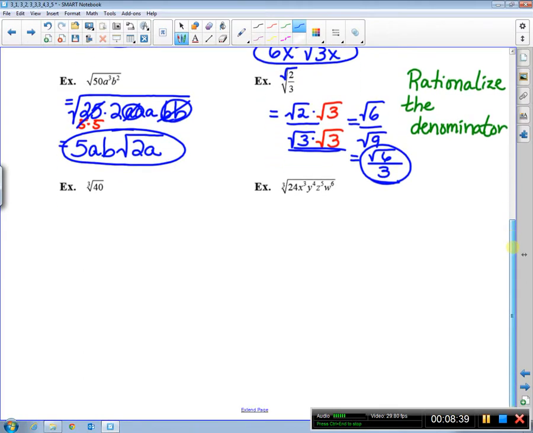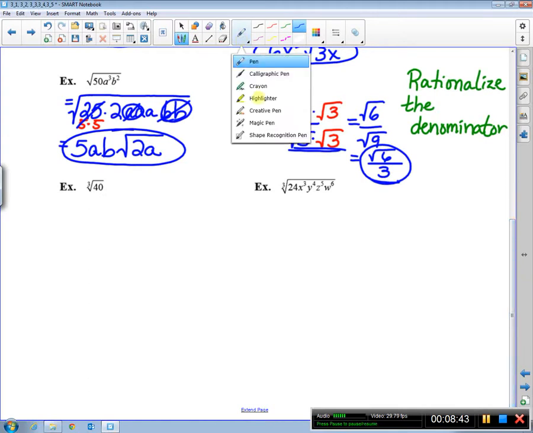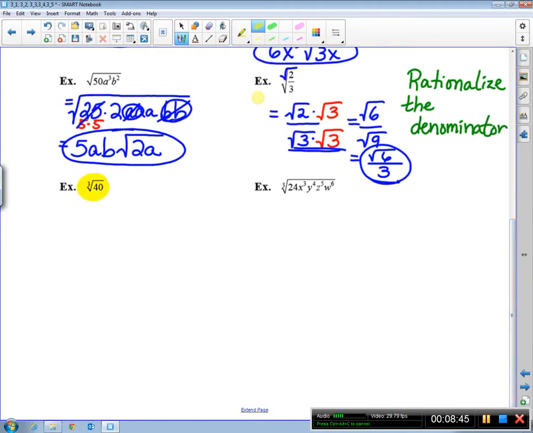All right, a couple more to go. Ooh, so now we move into cube root. So remember, for square roots, we only needed 2 of a kind under the radical.